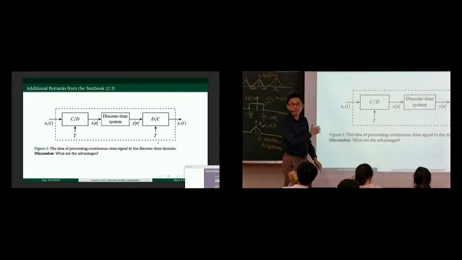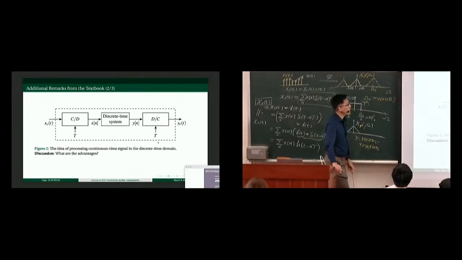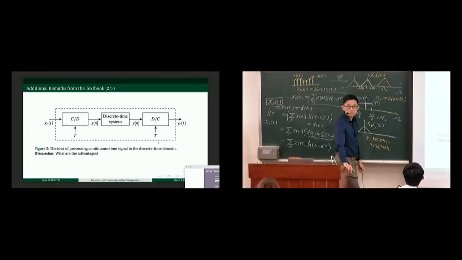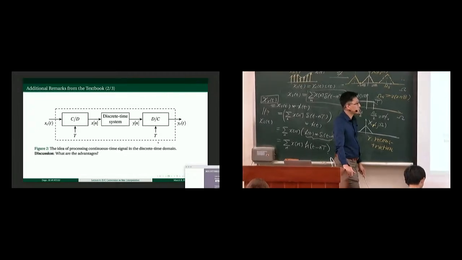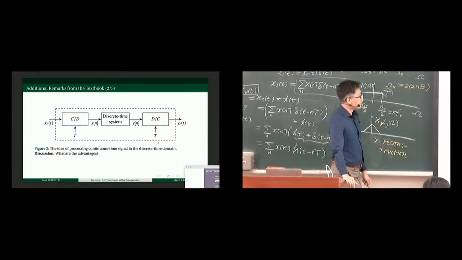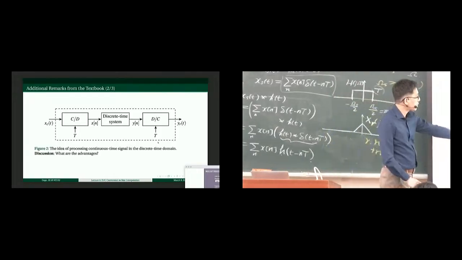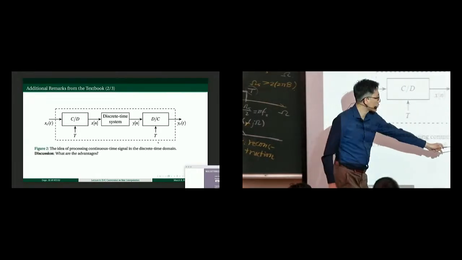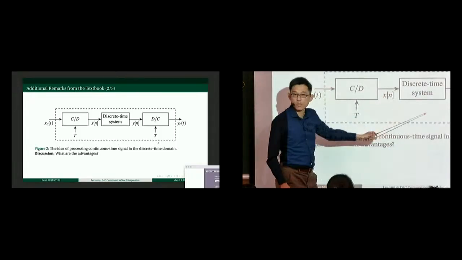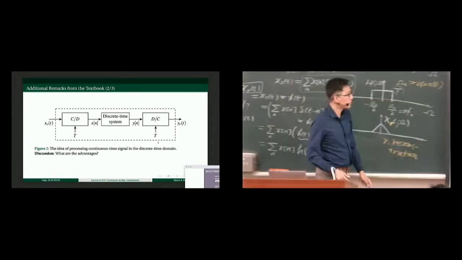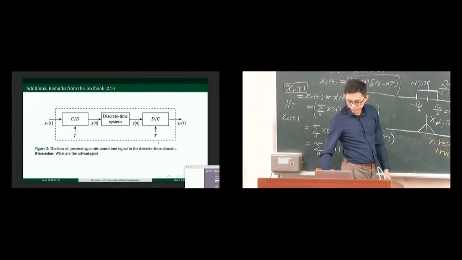So from the outside, equivalently, we have an analog system, but inside is digital. This process is called digital processing of analog signals, or discrete time processing of continuous time signals. This idea is called processing continuous time signals in the discrete time domain. So that's one plot from the textbook.